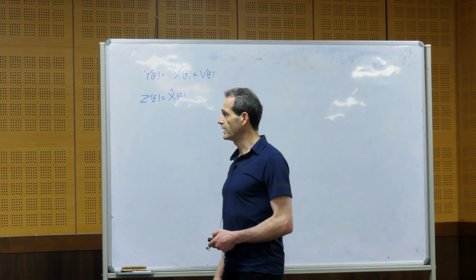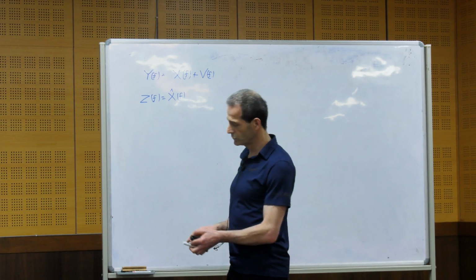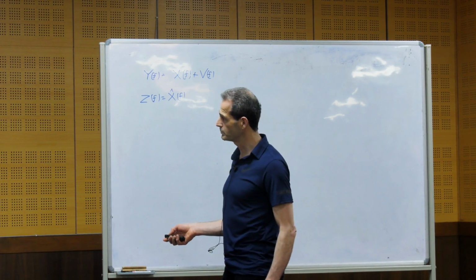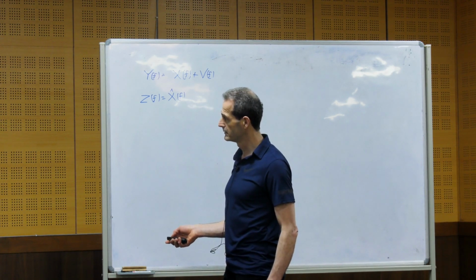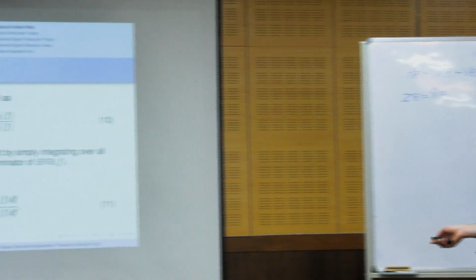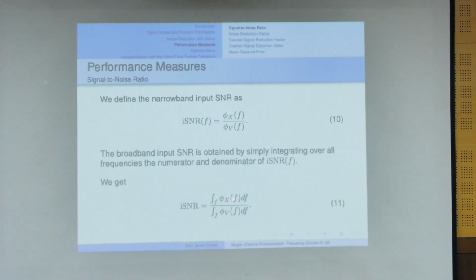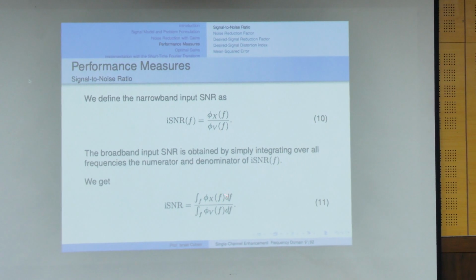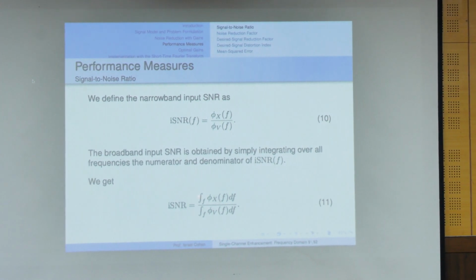Okay? You see, when you compute the broadband, you don't put the integral in the ratio itself, but you put the integral in the numerator and the denominator, because this gives us the energy of the signal divided by the energy of the noise. So this is the input signal to noise ratio.